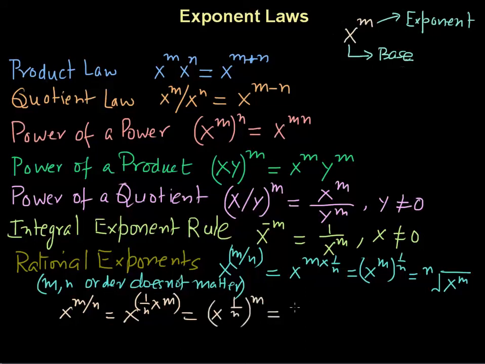Thereafter, again we can write it as the nth root of x here, but then we can put a bracket to the power m. So the value we finally obtain here, this one and this one, they are the same actually. They're not different. So essentially, the order of m and n does not matter. That's an important point for rational exponents.